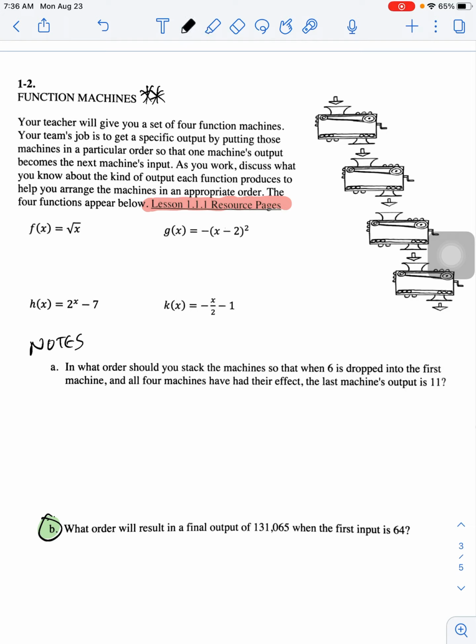All right, so if we're looking at the first example, it says in what order should you stack the machines so that when 6, which is going to be our input, is dropped into the first machine, and all 4 machines have had their effect, the machine's output is 11. So we want to put a 6 into one of those equations, get a result, and keep plugging into the other equations until we get 11 as the answer.